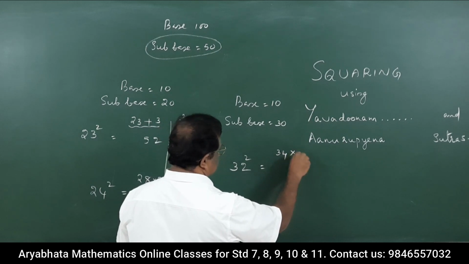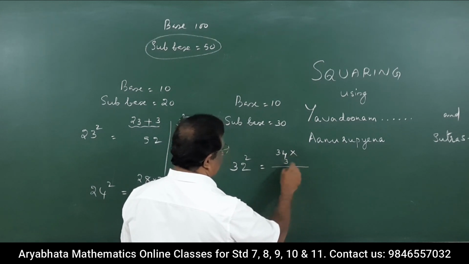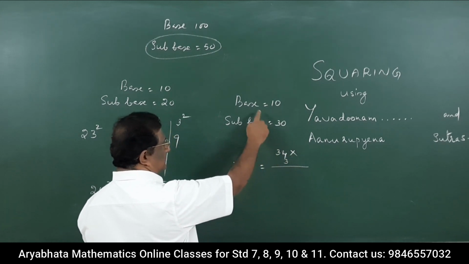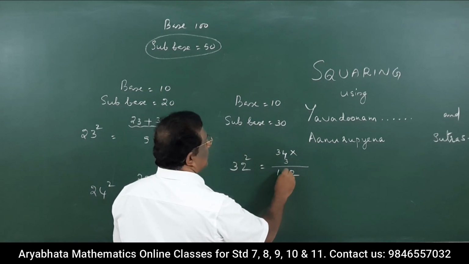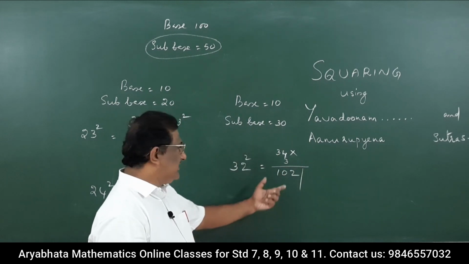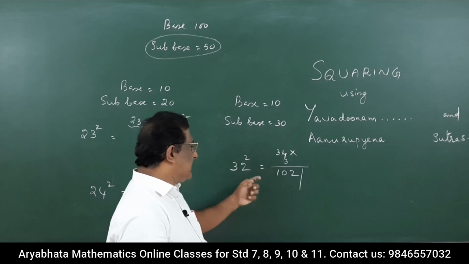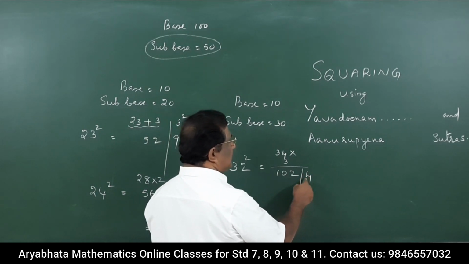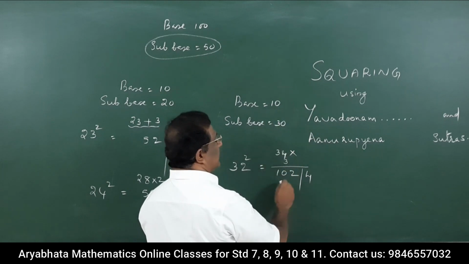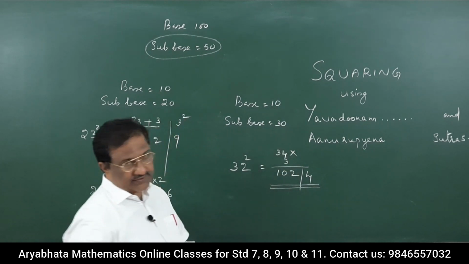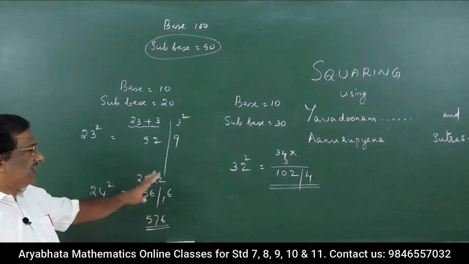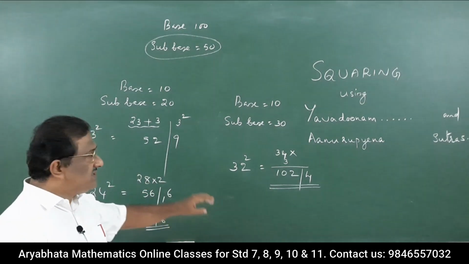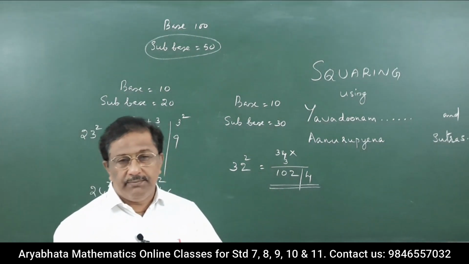That 34 is multiplied by 3 because the sub base is 3 times the base. You get 102 as the first part. And the second part is the square of 2. Square of 2 is 4. We need only one digit since base is 10. So the answer is 1024. So in that way, we can find the square of numbers which are not very close to base numbers.